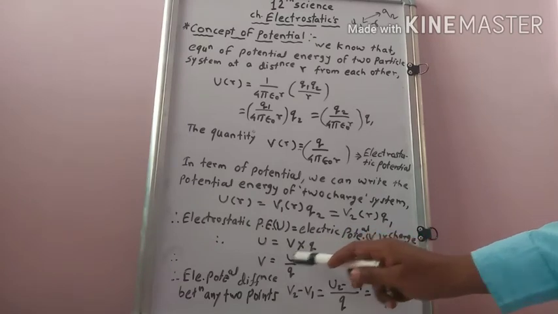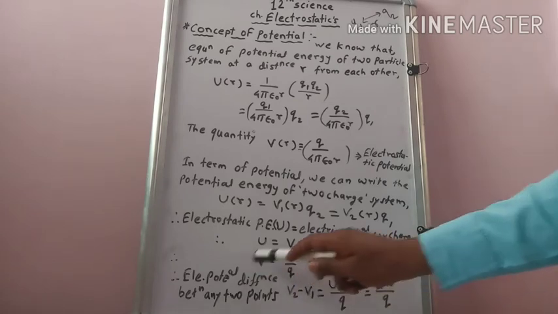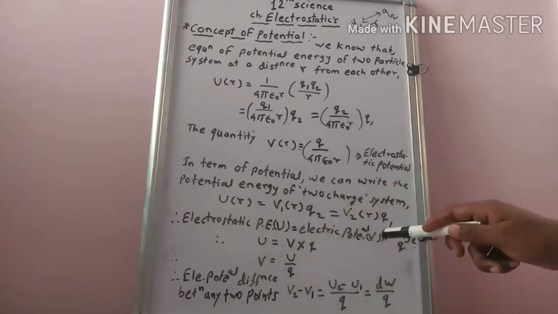From this equation we can write the value of V. We know that V is the electrostatic potential.